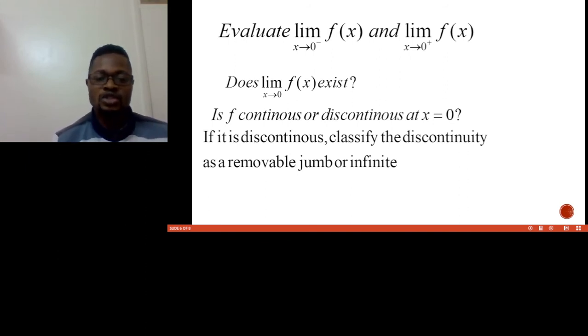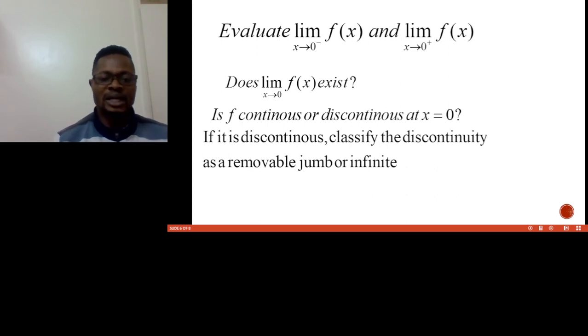So here you are also to show that the limit as x tends to 0 from the left is equal to the limit as x tends to 0 from the right. If the limit from the left is not equal to the limit from the right, then the limit will not exist, because for that limit to exist, the left hand side and the right hand side must be equal.